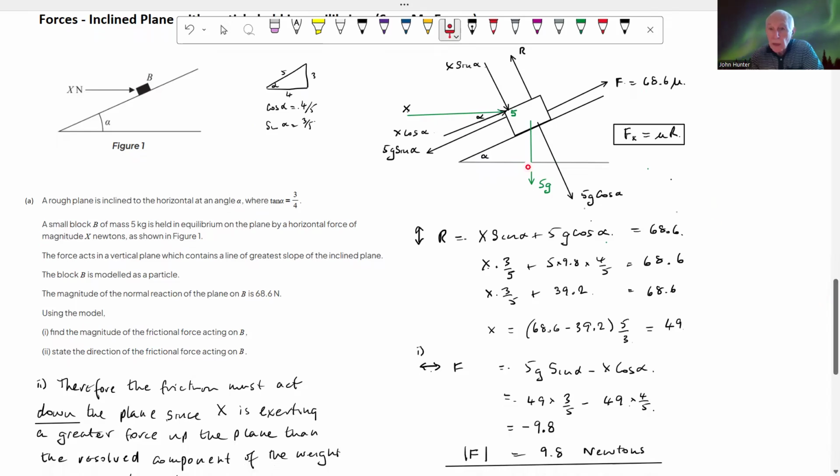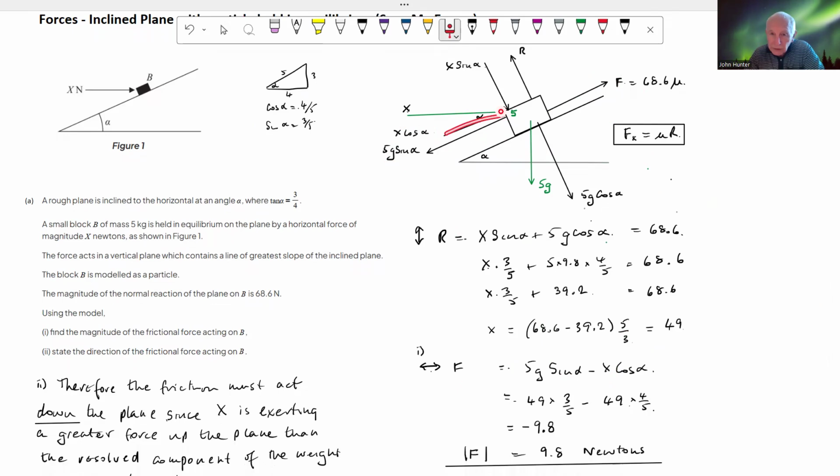So now we know X, then obviously that gives us this, which we can now use in our along the plane calculation. What we've got here is this frictional force, which I've just shown positive in that direction, is going to be equal to the weight resolved down the plane.